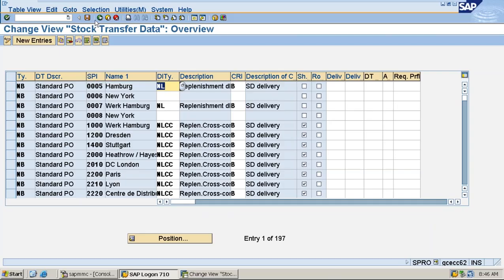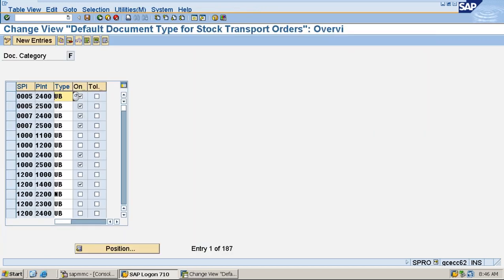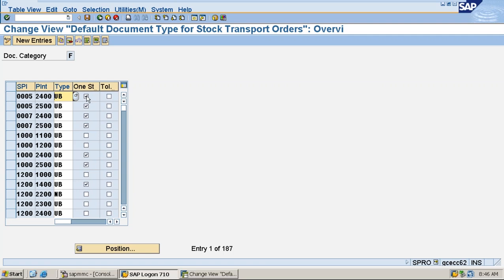Third step, assign document type one-step procedure under delivery tolerance. This is the third step. Here you mention whether it is one step or not. You see this check indicator, one step. You activate it for the combination of supplying plant, receiving plant and PO type UB.